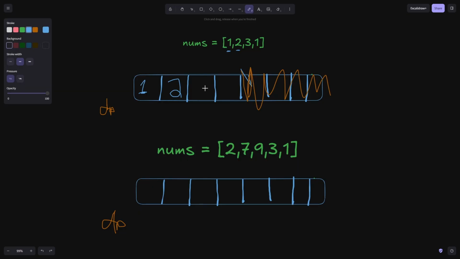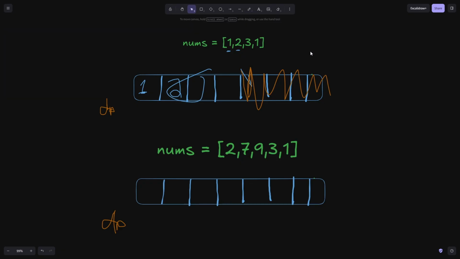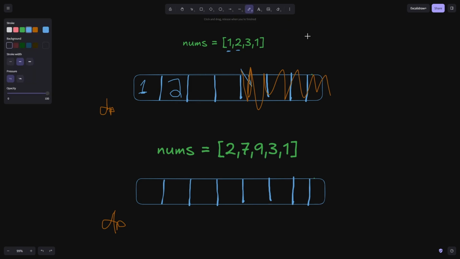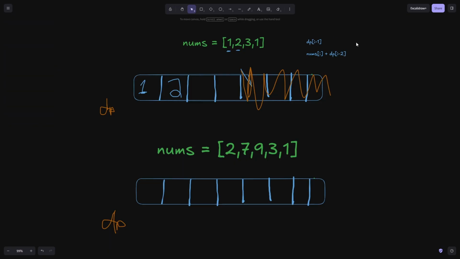So when we're at dp of i, which would be, say, dp of 2, the way we're going to know what to populate this with is, maybe I'll just spell it out, my handwriting's not that good. We're basically going to take dp of i minus 1 and compare that between nums of i plus dp of i minus 2. Okay, and I'll explain this really quick.